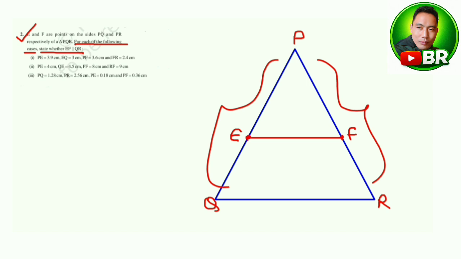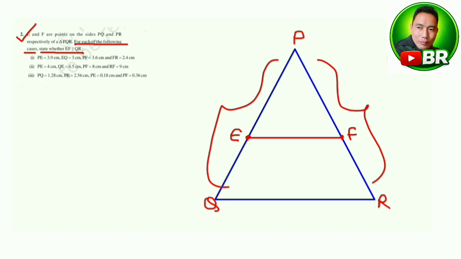And in doing so, if the ratio of sides PQ and PR is equal, then according to BPT or basic proportionality theorem, we can conclude EF is parallel to QR, right?